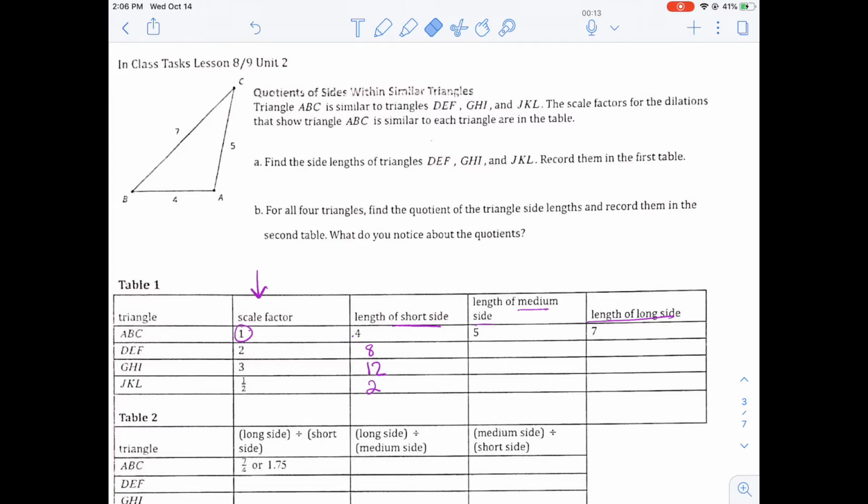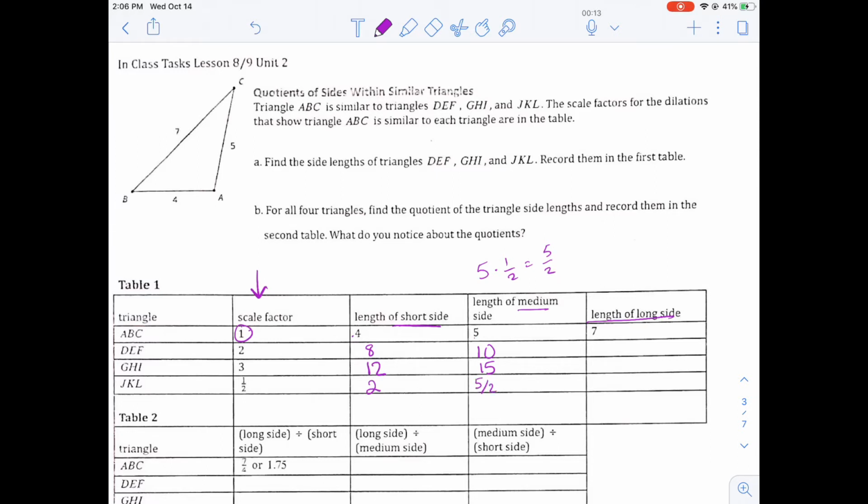Now we're going to do the same thing for the medium. So we know that this is 5. So 5 times 2 would give us 10. 5 times 3 would give us 15. And 5 times a half, so we're thinking 5 times a half is the same thing as 5 halves.